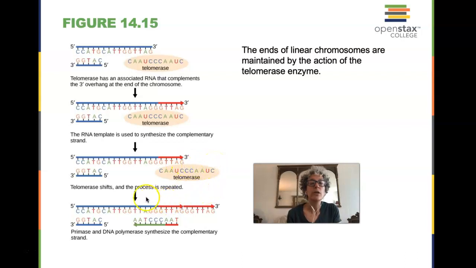The telomerase shifts and it's repeated so that we get DNA going back in this direction. So it's a way of creating a primer with a 3' end so that DNA polymerase can make sure it gets the ends of our chromosomes.